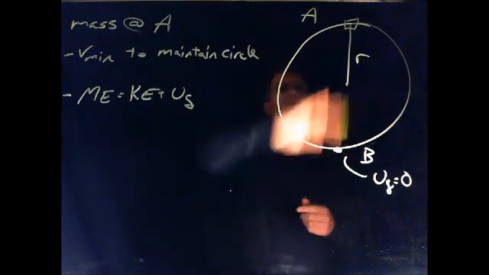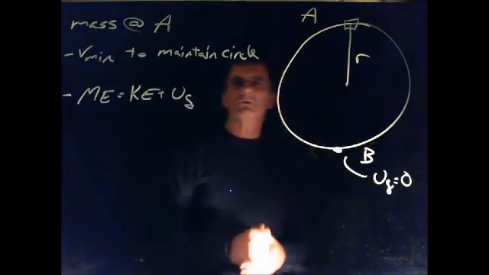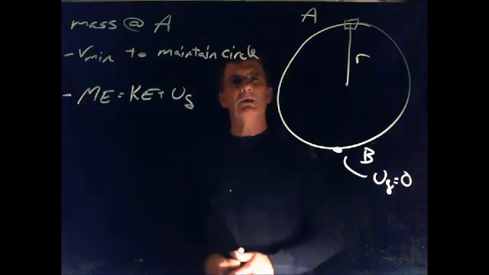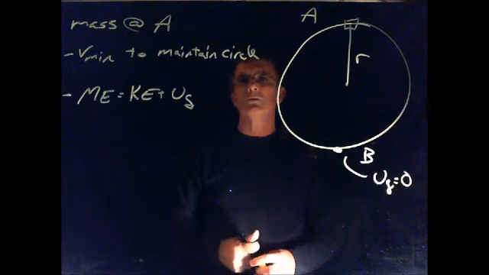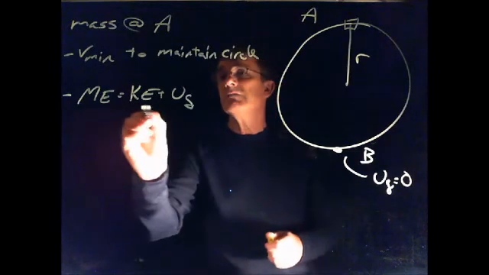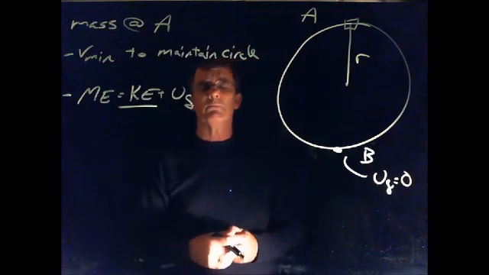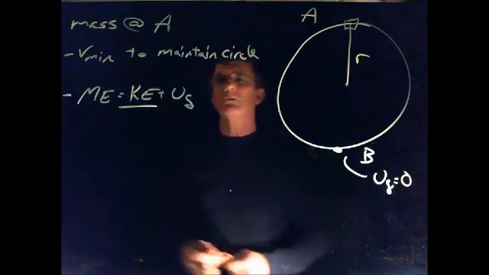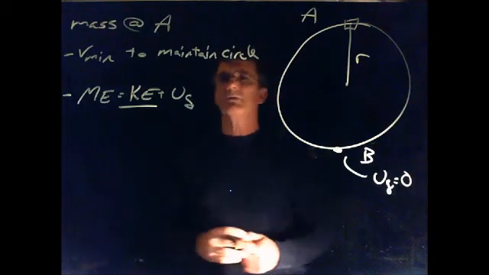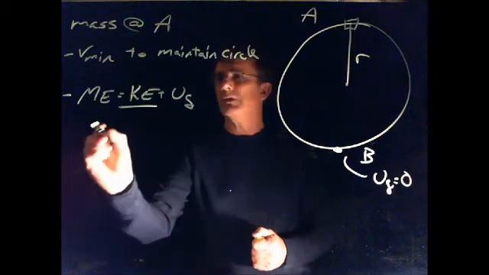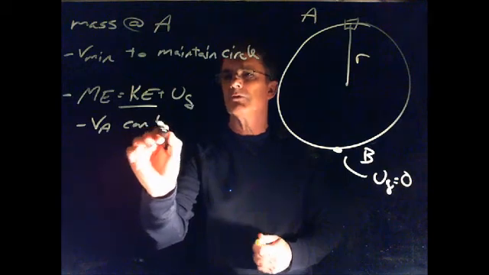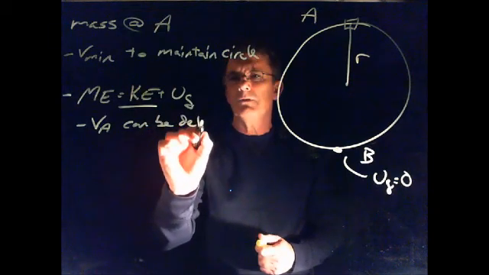And so we know the gravitational potential energy we have. It's based on 2r. And if we know the mechanical energy, we can get the kinetic energy. Maybe we're just given the kinetic energy at point A. Either way, the velocity at point A can be determined, which may or may not be the minimum velocity.